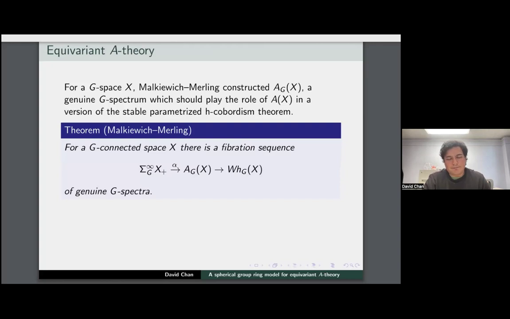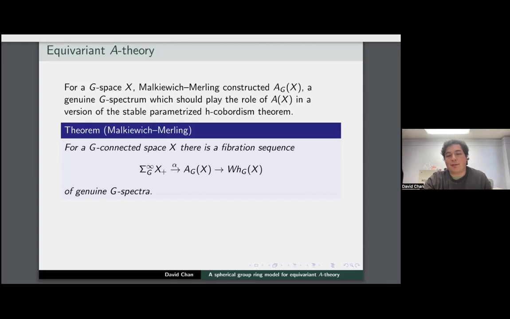So for a G-connected space X, there's a fibration sequence that looks like the following. We have the suspension spectrum of X. We have this A_G(X) constructed by Malkiewich and Merling. And then we have something that we're denoting Wh^G(X), the equivariant Whitehead spectrum of X. And so two things about this. These are exactly the players from the parameterized stable h-cobordism theorem before, right?